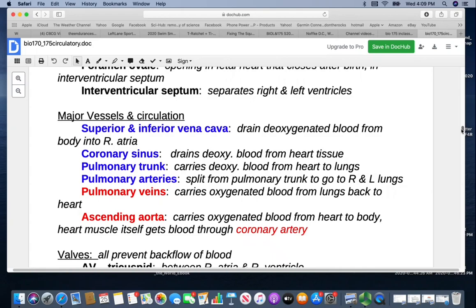Then you're going to have oxygenated blood returned back to the heart through the pulmonary veins. It will come into the left atrium, and then it will go out through the left ventricle, and then eventually lead out the ascending aorta that's going to carry that blood from the heart to the body and the heart muscle itself. So the coronary arteries will branch off to feed the heart itself.